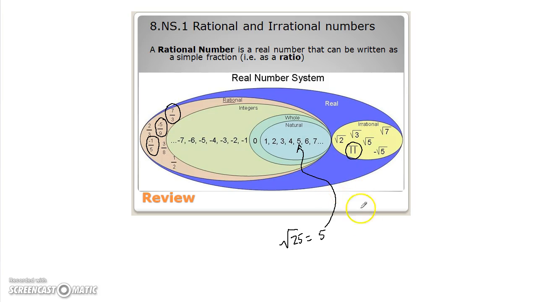But if I were to put square root of 7 in a calculator, I'm going to get something crazy, and it's going to go something like this, because I'm going to round it at some point: 2.64577513111, and it goes on. Okay, I'm going to put little dots here. There's no pattern.